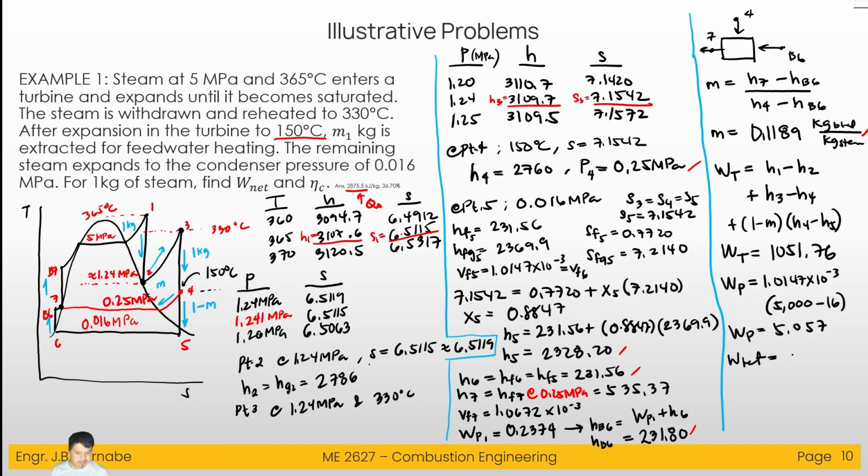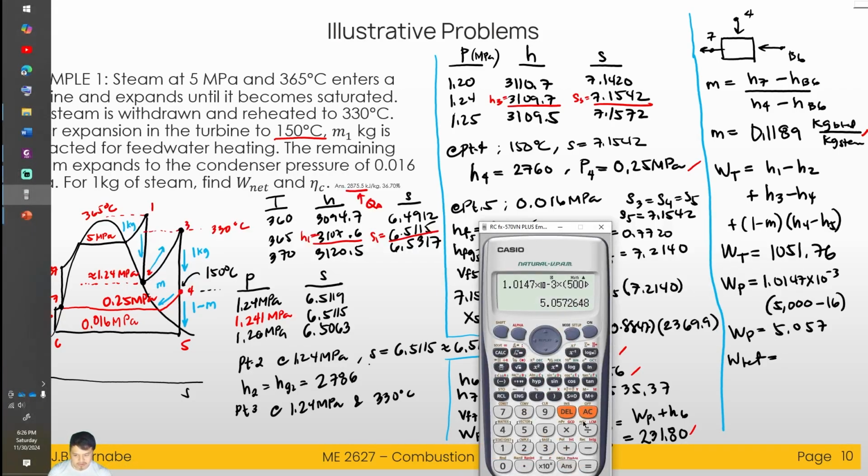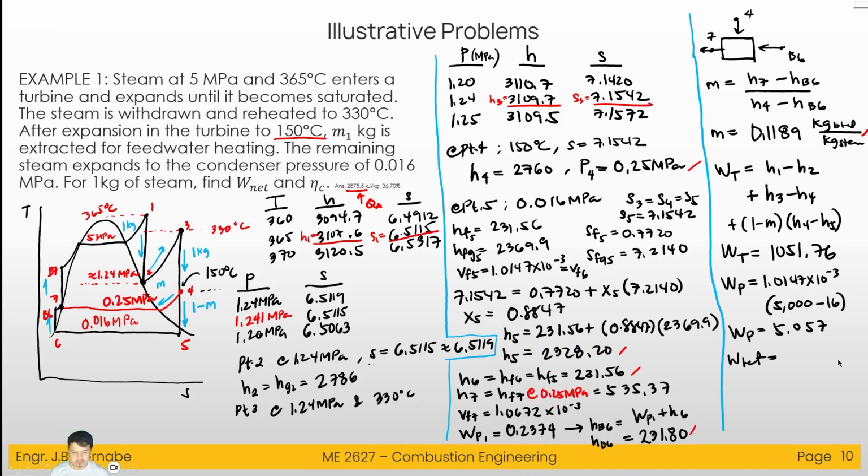So the network is equal to, minus lang natin ng 5.075. So 1046.7, no? So this will be your answer.